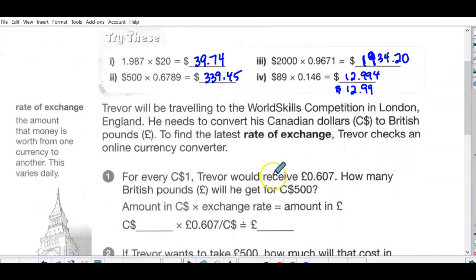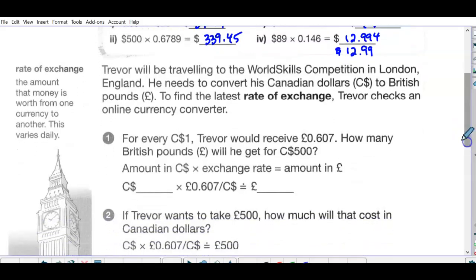Okay, so Trevor will be traveling to the World Skills Competition in London, England. He needs to convert his Canadian dollars to British pounds. To find the latest rate of exchange, Trevor checks an online currency converter. So you can do that yourself if you're ever interested online, or banks will list them as well.